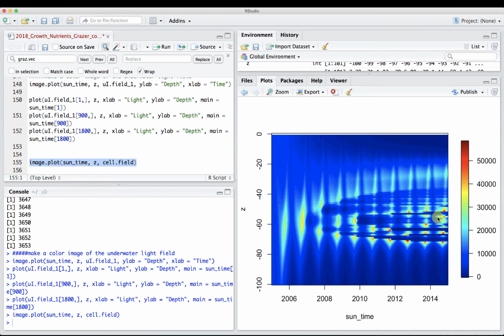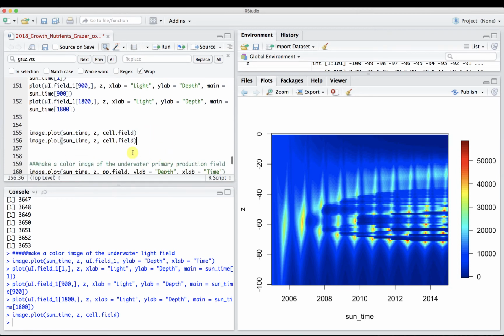So what you can see here is that Grazer is starting to eat holes out of the population here at different rates. And that should be reflected if we just copy this in the G field.